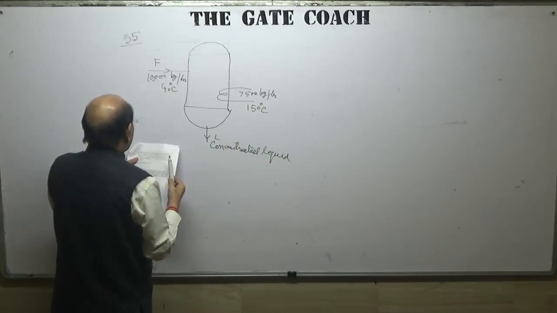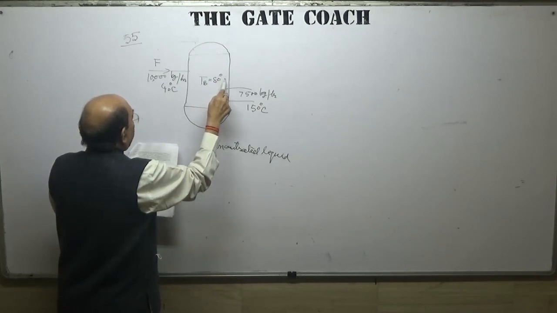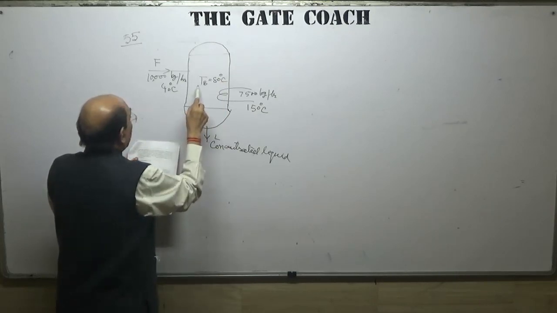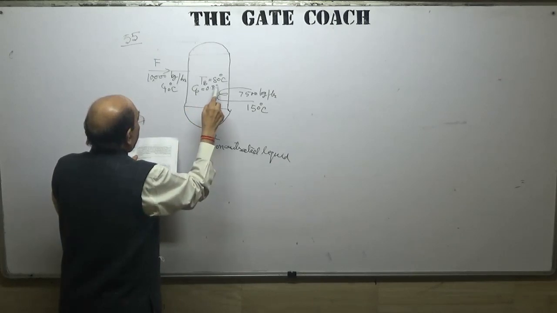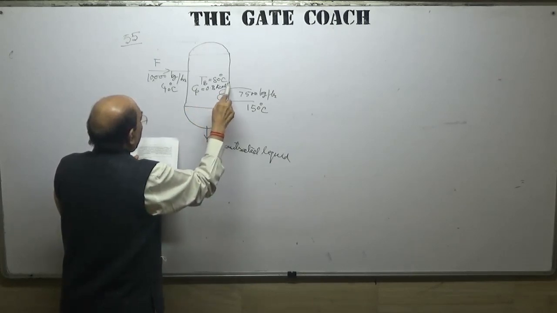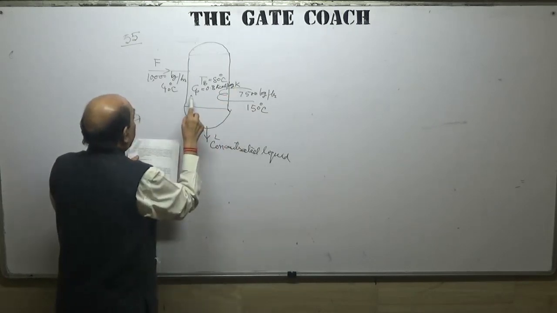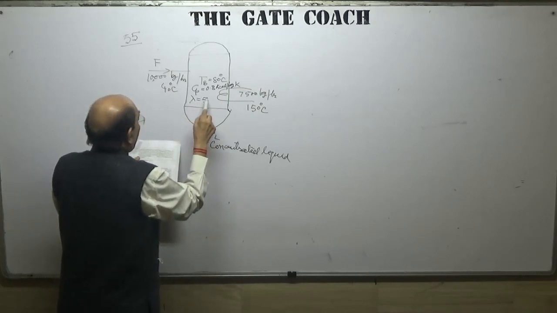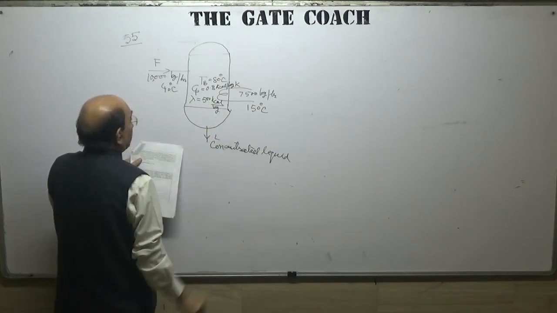The boiling temperature of the solution in the evaporator is 80 degrees centigrade. The average specific heat of the solution Cp is 0.8 kilocalorie per kg Kelvin, and the latent heat of vaporization is given as 500 kilocalorie per kg.